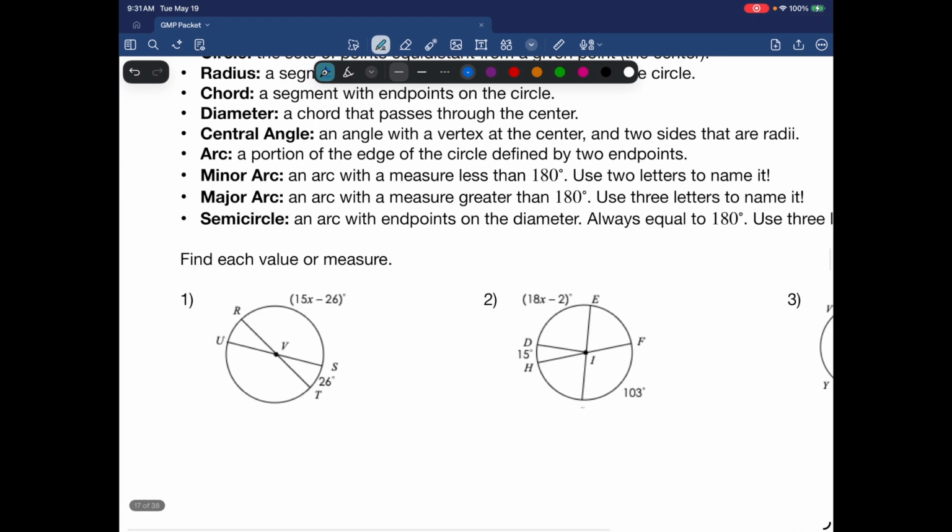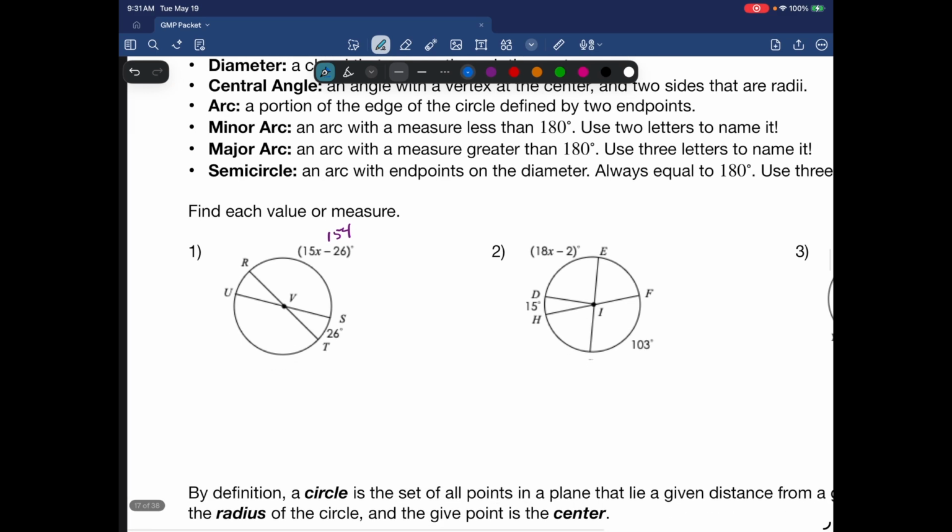So RT is a diameter, US is a diameter. A diameter splits the circle in half, and a full circle is 360 degrees, so half of that is 180. If this is 26, then 180 minus 26 is 154, which means that arc 15x is 154.